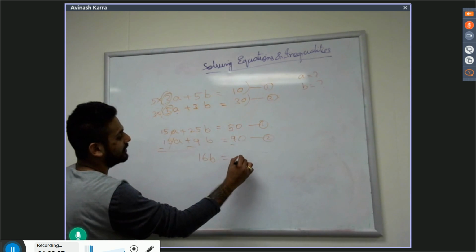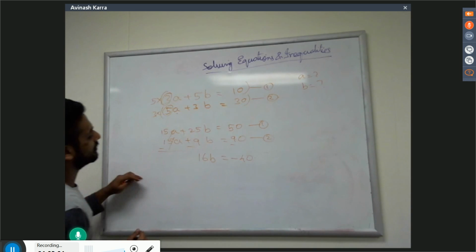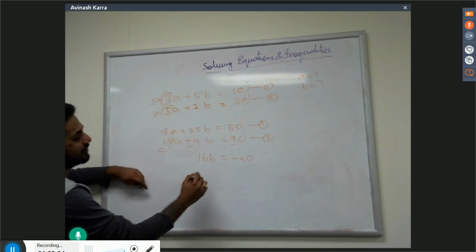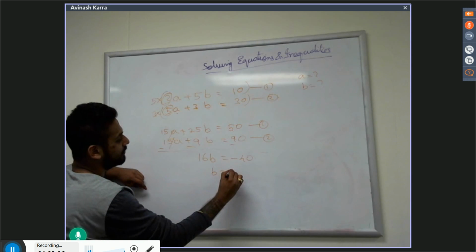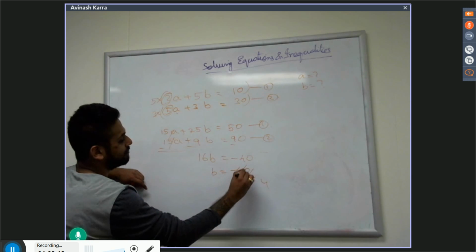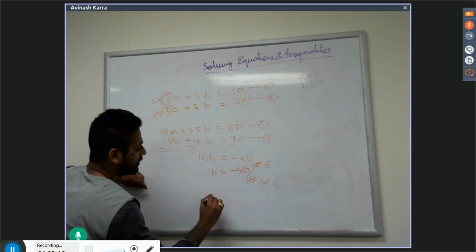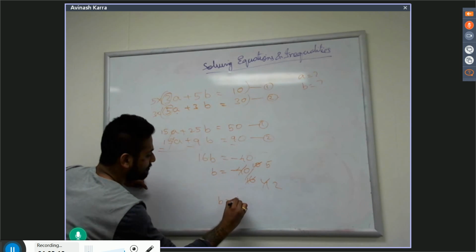50 minus 90. So b is equal to minus 40 by 16. 4 4s are 16, 4 10s are 40. So 5 by 2. b is equal to negative 5 by 2.